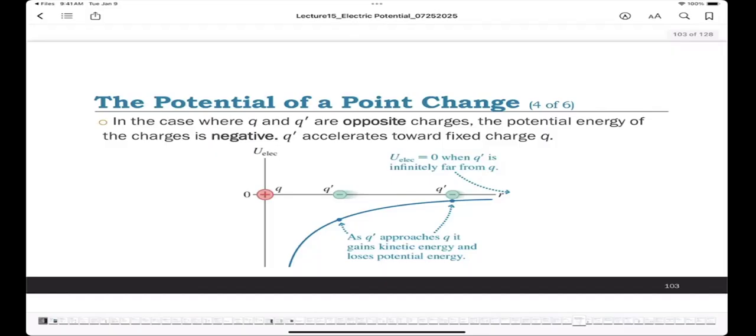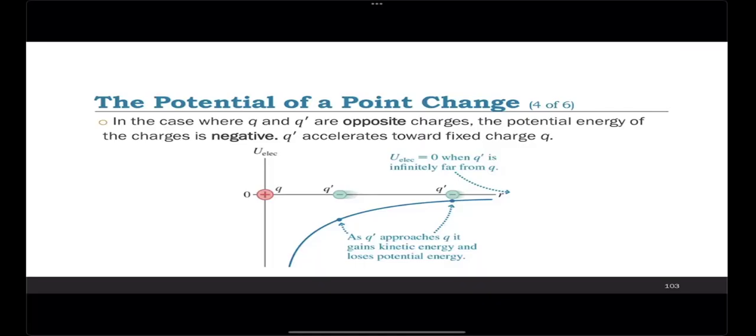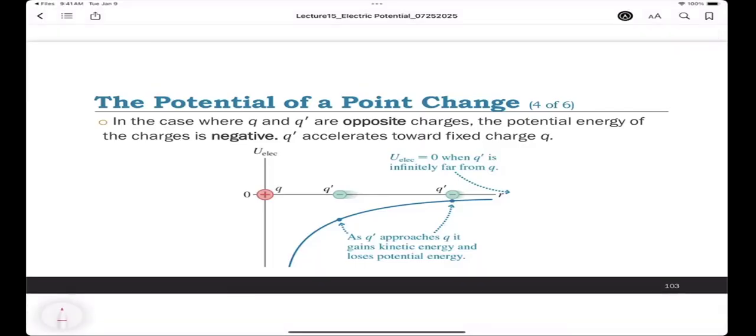The Q dot accelerates toward the fixed charge Q. It's easy to understand because this is negative and this is positive, so they will have an attractive force, and Q dot accelerates toward the fixed charge Q. Does that make sense to you?